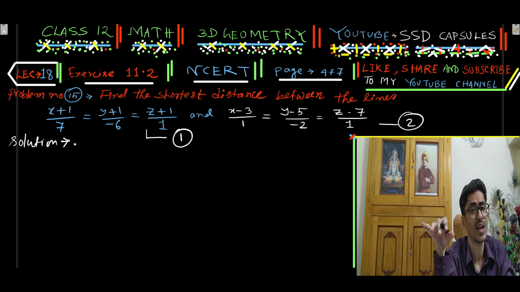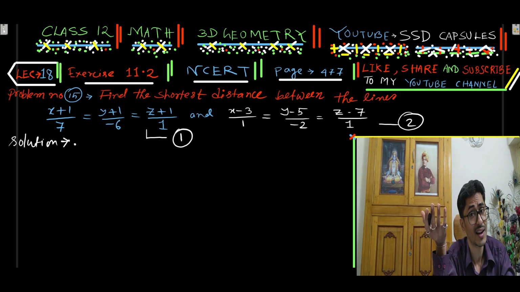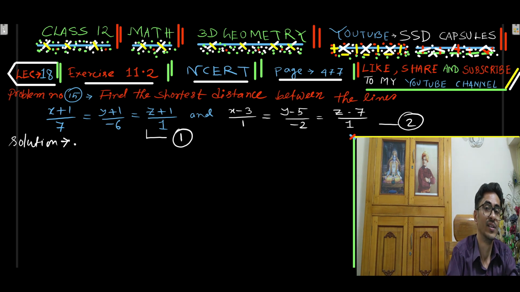So first go through all the previous lectures, then come to this lecture. Especially listen to lecture 11 clearly. I have used some models there to illustrate what skew lines are, the lines in three-dimensional space which are neither parallel nor intersecting. Then you can understand all the things very easily.